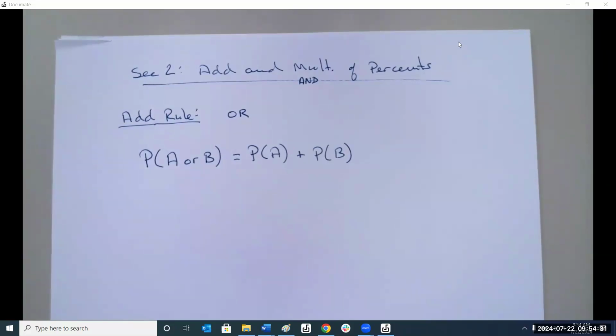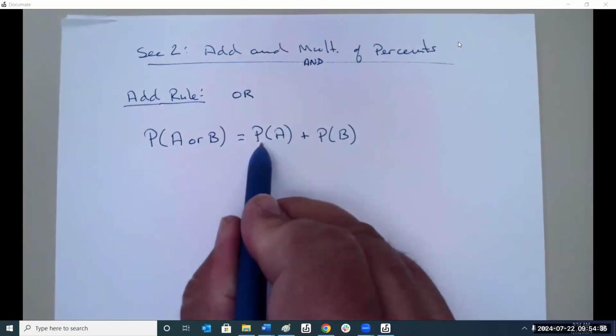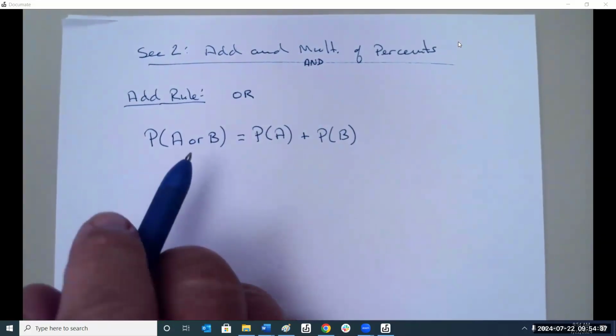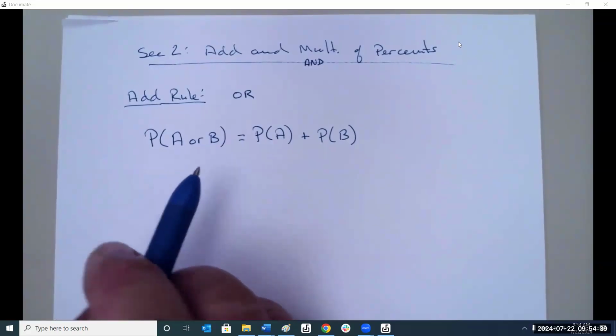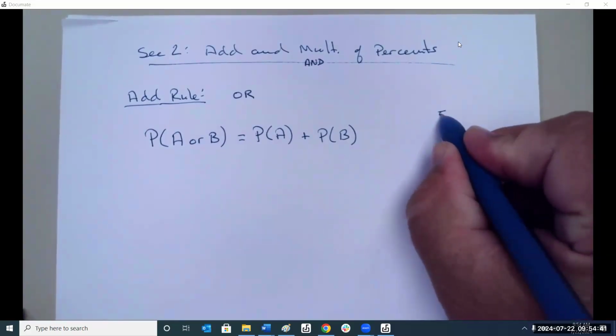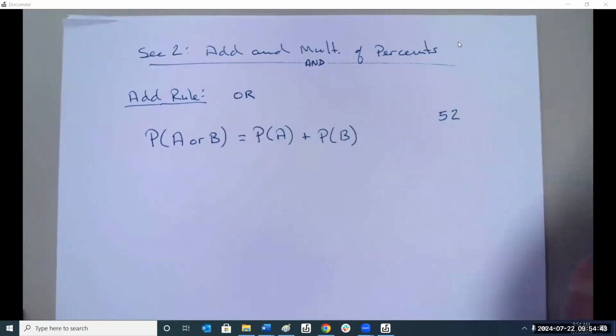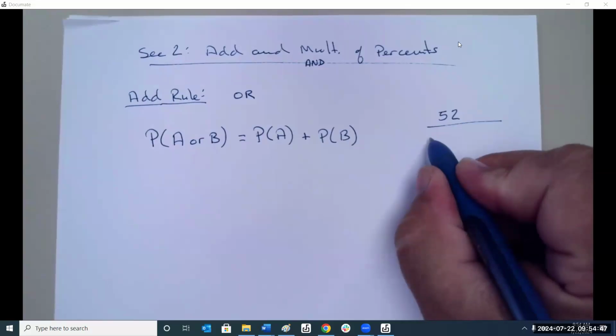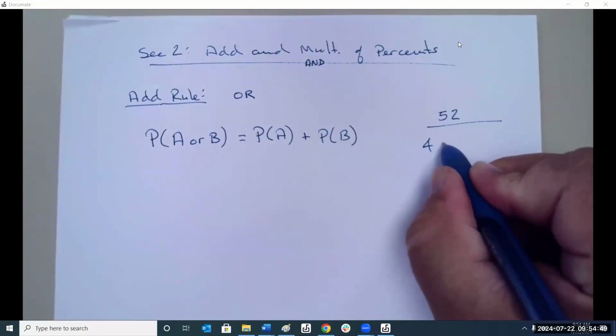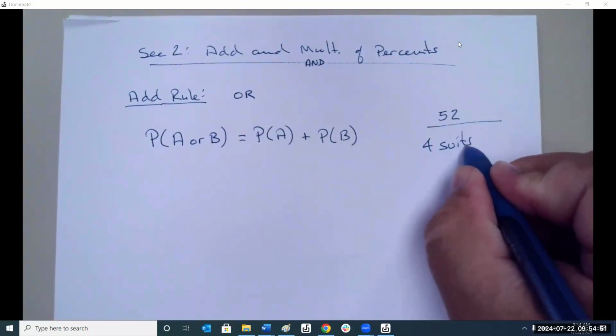Because if we had two events, and I said, okay, what's the problem? Everybody familiar with a deck of cards? A deck of cards has 52 cards in it. They're separated into four suits.